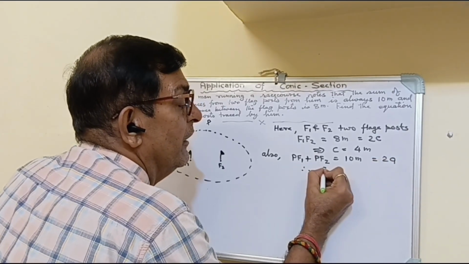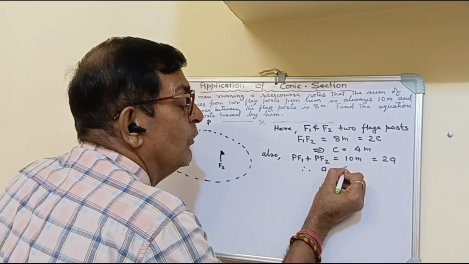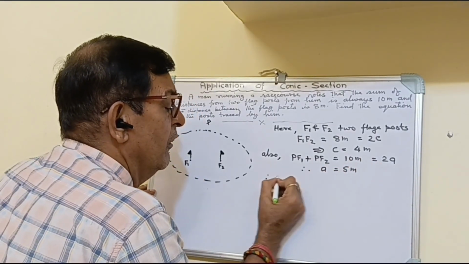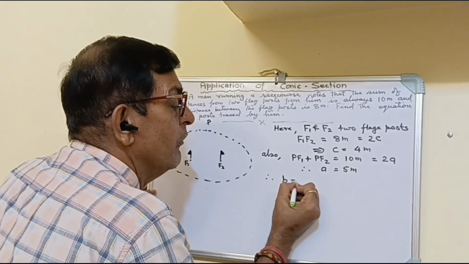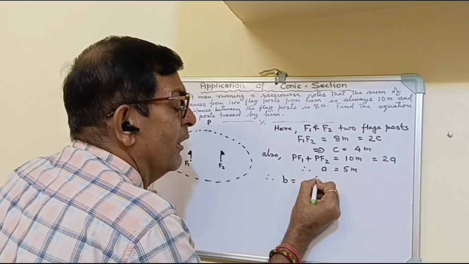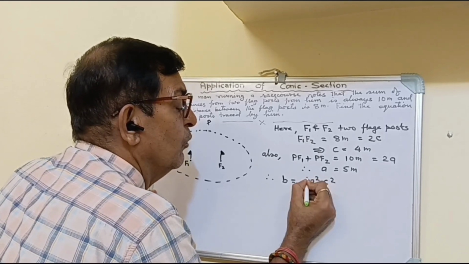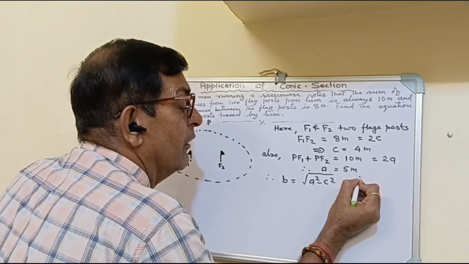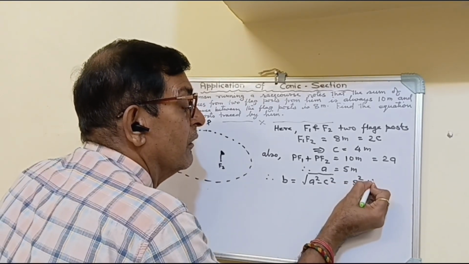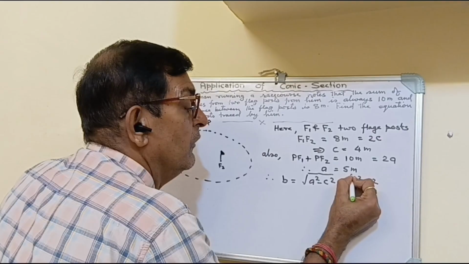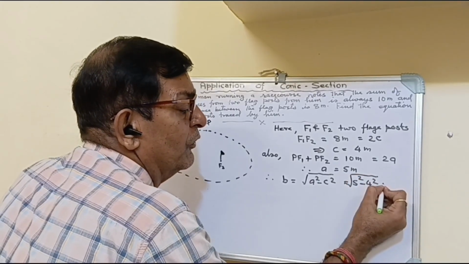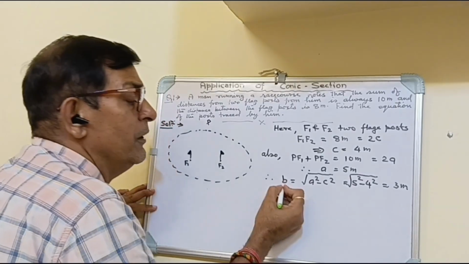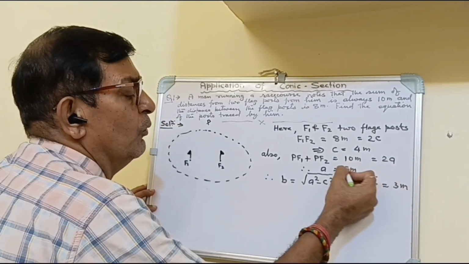Therefore, a is equal to 5 meters. a is equal to 5 meters, c is equal to 4 meters, hence b is equal to the square root of a square minus c square, 5 square minus 4 square under root, 25 minus 16, 9 under root, 3 meters. b is equal to 3 meters, a is equal to 5 meters.